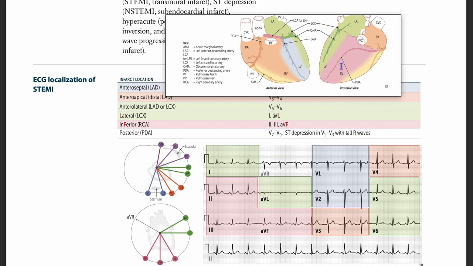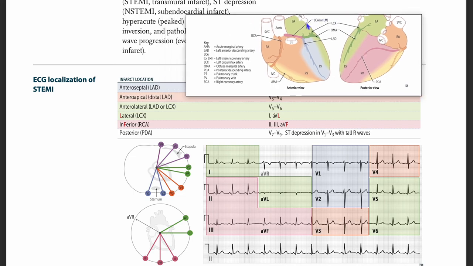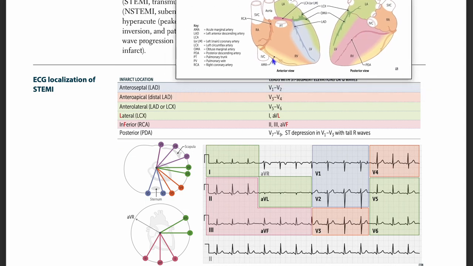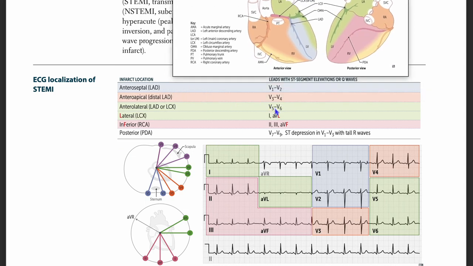Or sorry, posterior descending artery, right, the inferior side. So how did that happen? And RCA was clear. Like, it wasn't because of RCA. So it's because of either codominance or the left dominant heart, right? So it's being supplied by left coronary artery or left circumflex artery, like that. So know the difference between that.